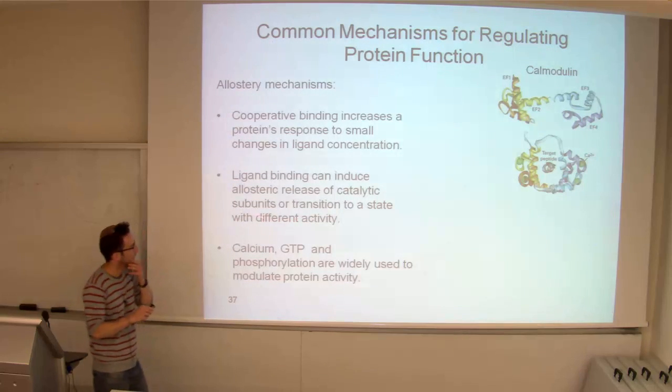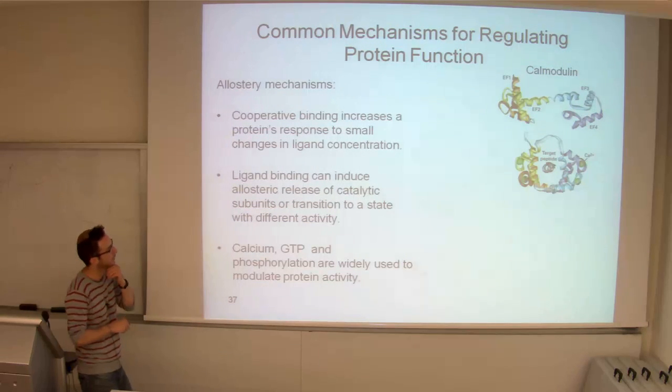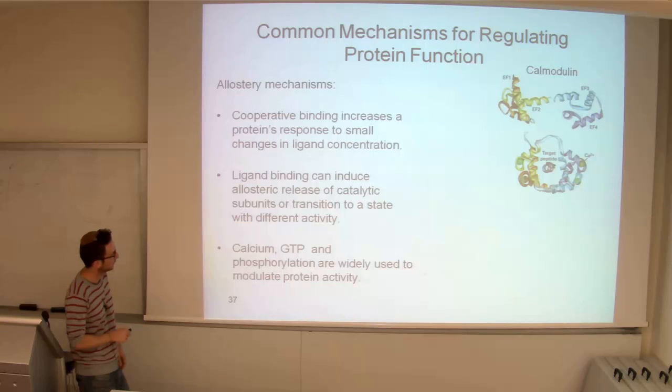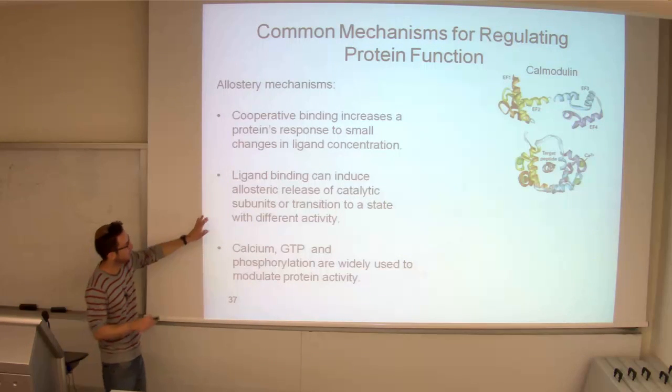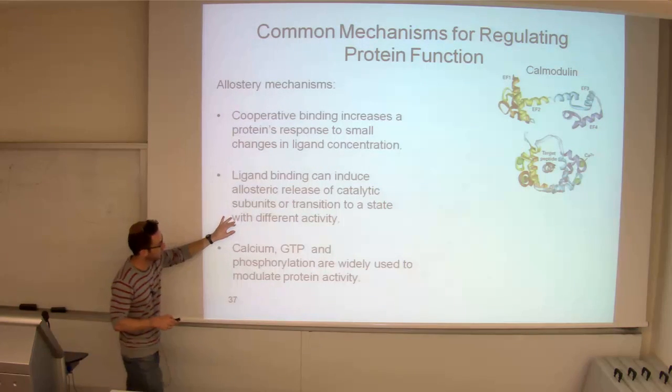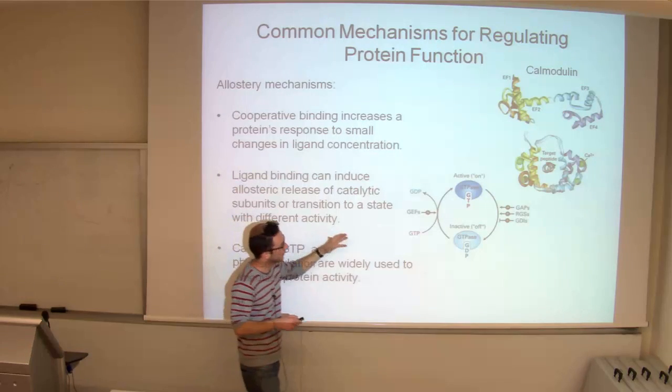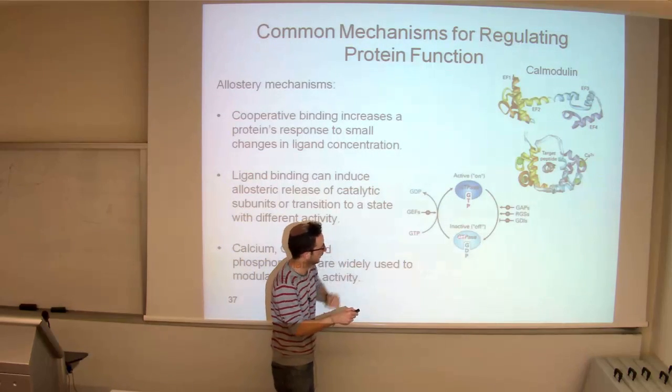Okay, ligand binding can induce allosteric release of catalytic subunits. Again, the processing step can be induced by one or the other allosteric mechanism, and change the protein to a state where it is active or inactive.